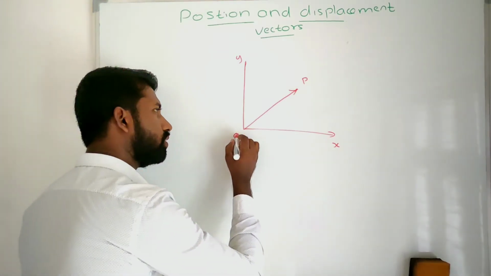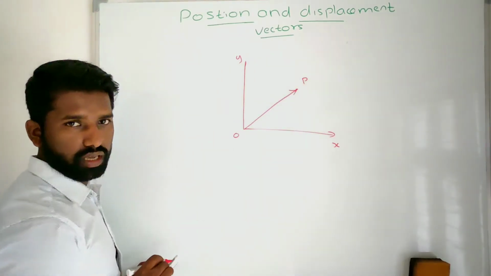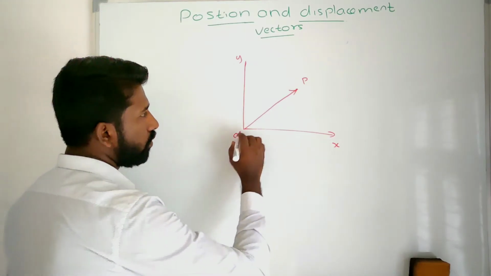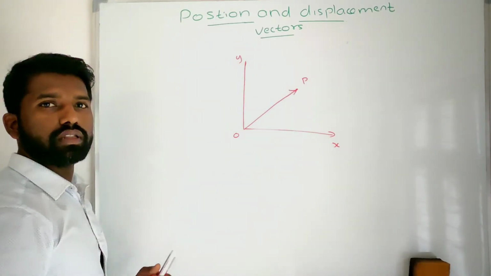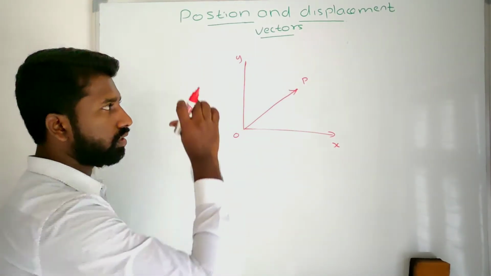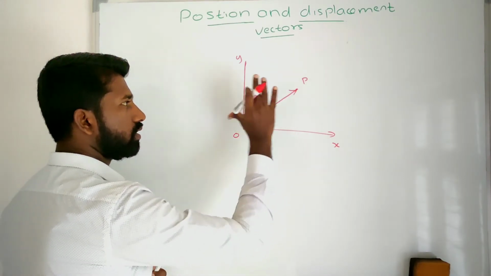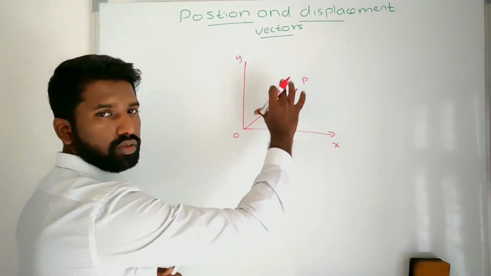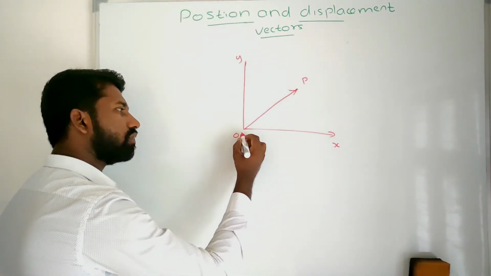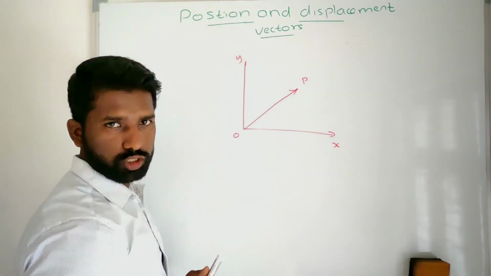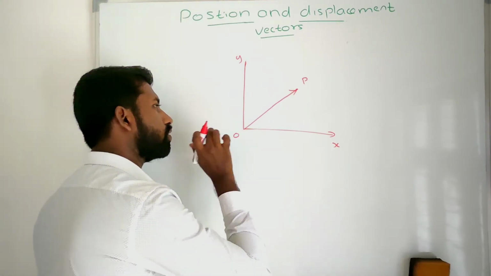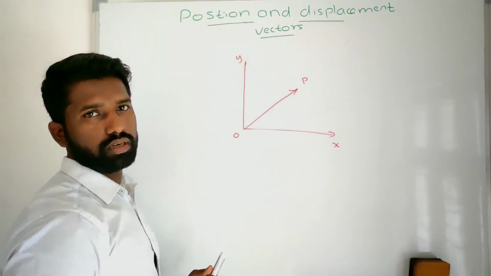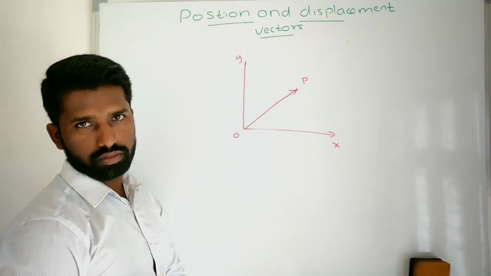From the origin, the point is in this direction. So OP is the position vector. This vector gives the magnitude, that means the distance from the origin to this point, and the direction in which the point is situated from the origin.